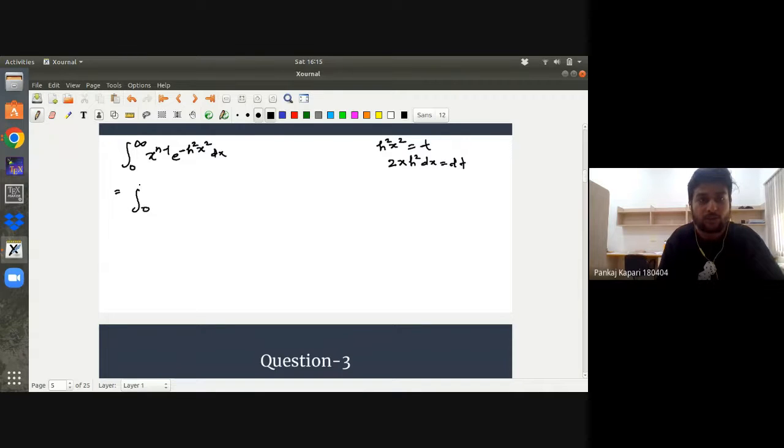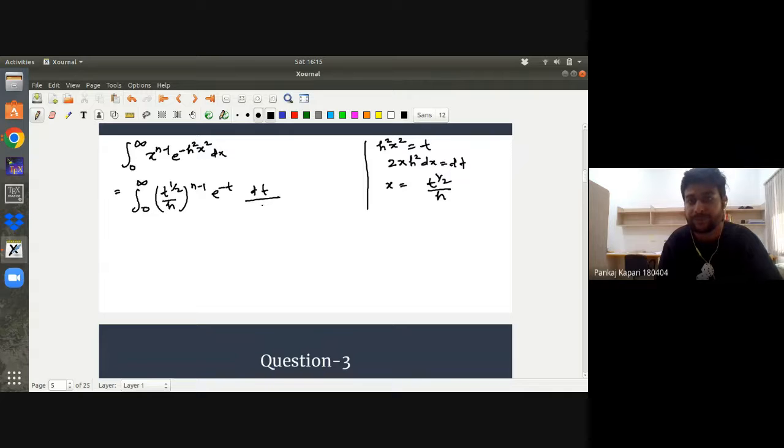This integral is equal to the integral from 0 to infinity. Now instead of x we will put, note that because h square x square is equal to t, therefore x is equal to t to the power half divided by h. So we have t to the power half over h, to the power n minus 1, and e to the power minus t, and then what is dx? dx is dt divided by twice x times h square.